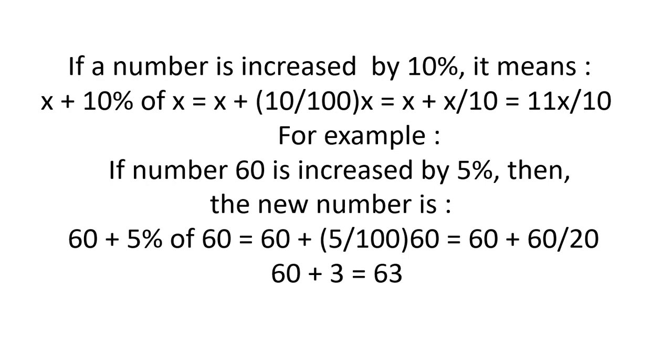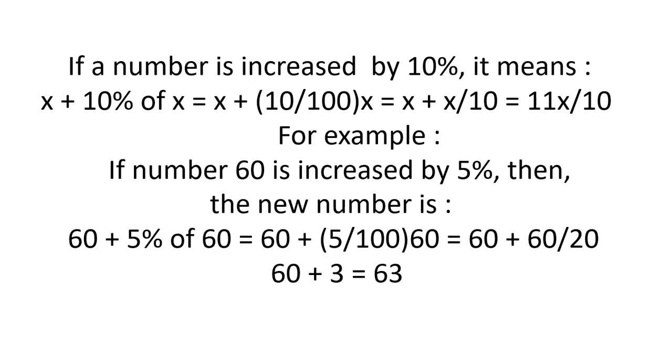If a number is increased by 10%, it means that x plus 10% of x is equal to x plus 10 by 100 into x, which is equal to x plus x by 10, which is equal to 11x by 10.